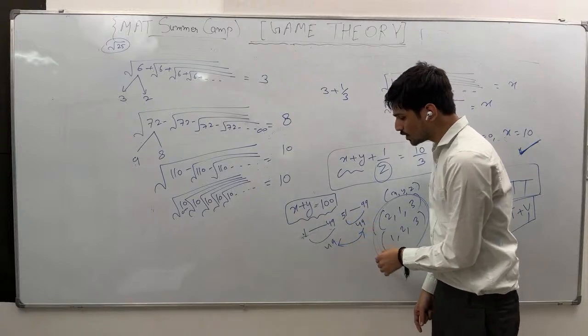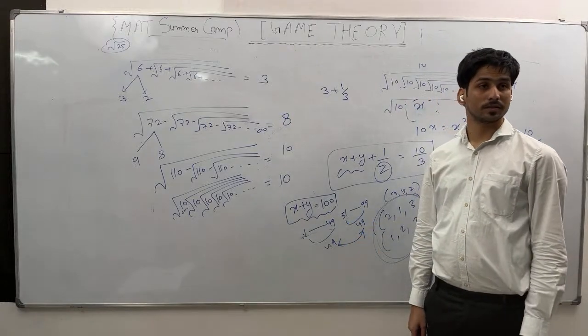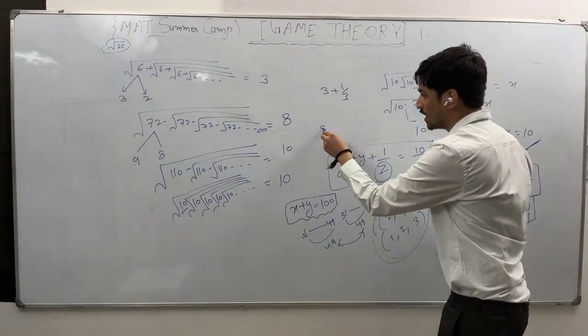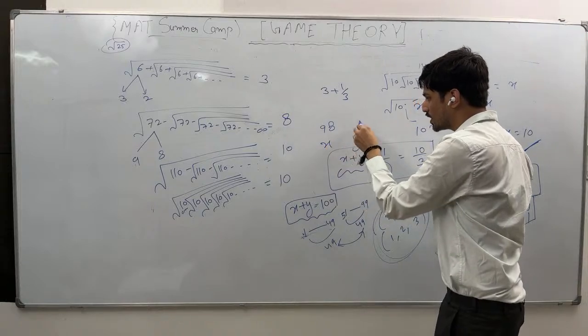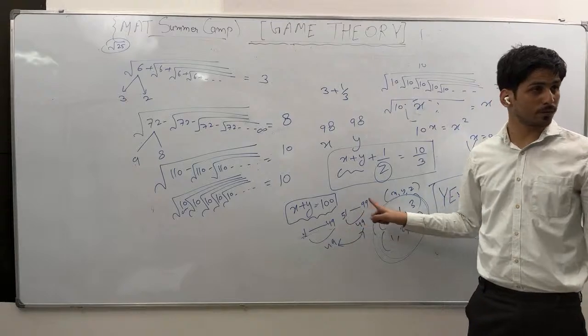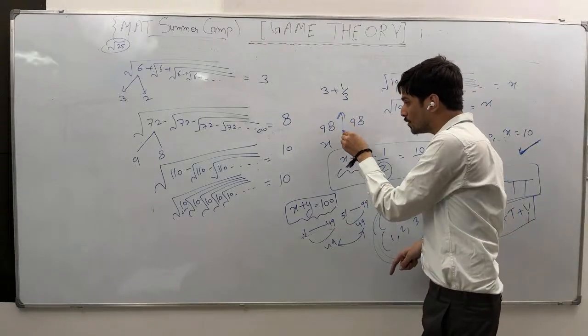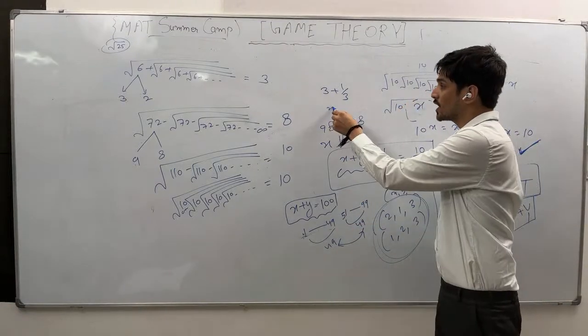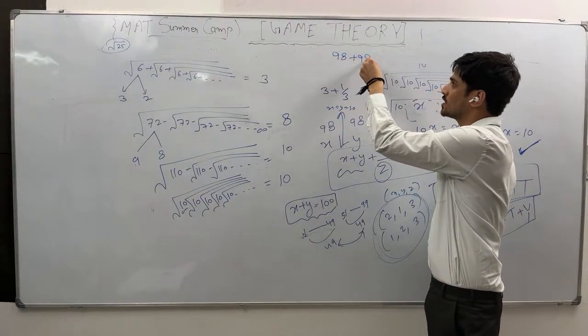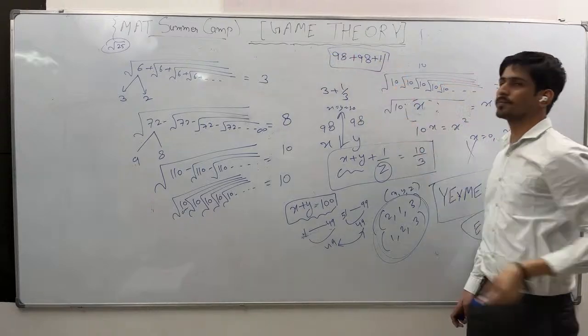So 49 plus 49, 98. If x has 98 numbers, then correspondingly y will also have 98. If x is 1, then this will be 99. But in between one number will be coming, that is x equal to y equal to 50. So 98 plus 98 plus 1. So what is the answer?